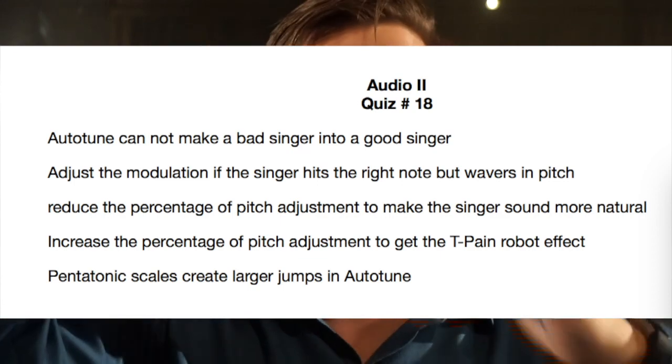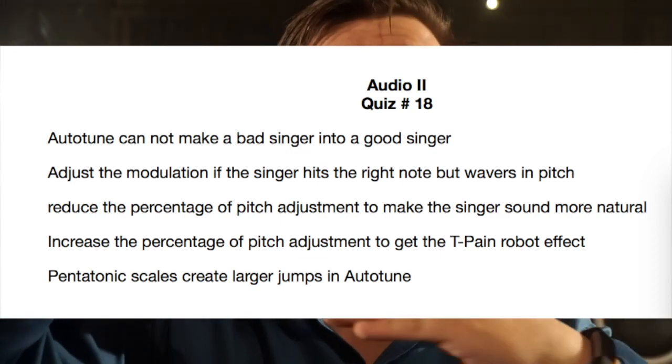If you lower the percentage of pitch adjustment, then it's going to sound more natural. Instead of, if they are 50 cents flat, going all the way to the target, they might only bring it up to within 40 cents. So they're still a little flat. It will still sound normal. It'll be a smoother transition, but it won't be as unnatural.